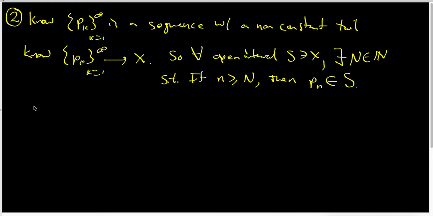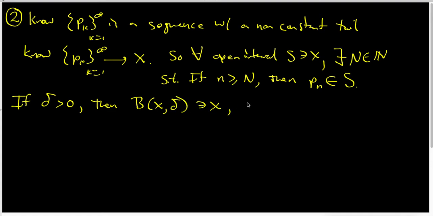One thing that I want to make a note of is that open balls are open intervals. So I'm going to write this down. If delta is bigger than 0, then the ball centered at x of radius delta is an open interval that contains x.